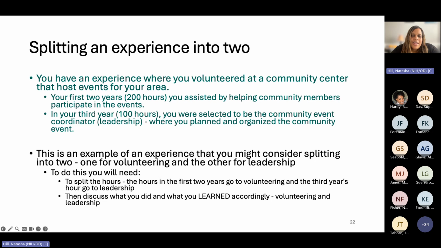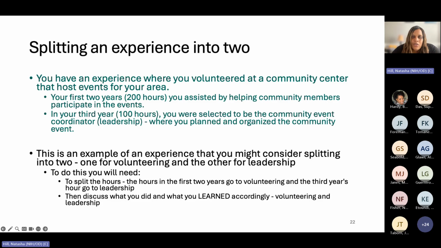They decided that they wanted to split these into two, keeping the 200 hours where they focused mostly on volunteering as a volunteering experience, while the 100 hours they put into the leadership role they kept separately and listed under leadership. You can definitely do that, but you need to remember to split the hours.